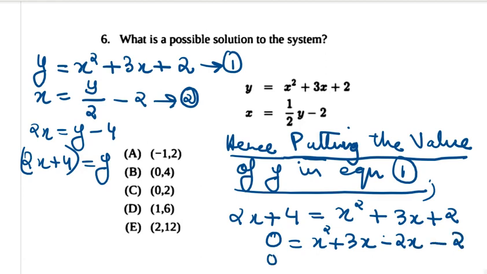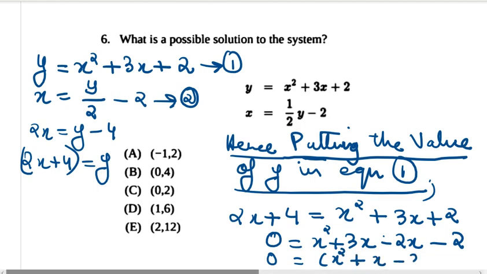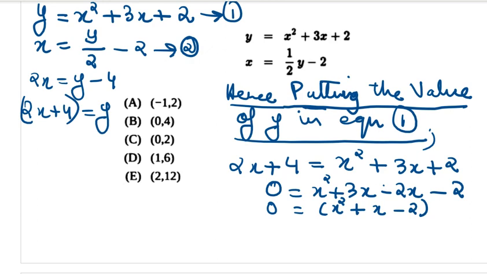So we are getting 0 is equal to x square plus x minus 2. Right, now if we solve this, how can we solve this?